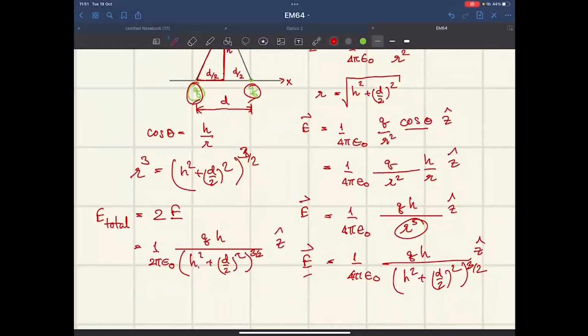Let's see here. Any problem here? So this is E total for this problem. Any questions? It's really simple, right? No question? Is it too fast? Because it's really simple, that's why I go quite fast.